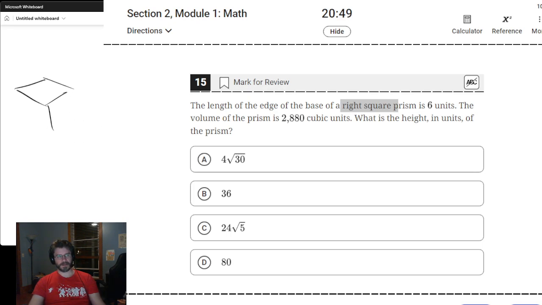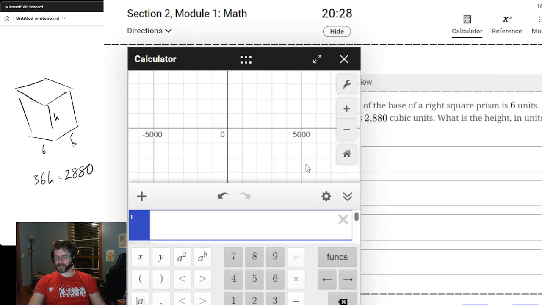Oh, let me get my drawing in view here. Not totally square, but that's okay. So these sides here are 6. This one is h. So the area of the base times the height is the volume of a rectangular or a square prism. So 36h is equal to 2880. I can't do that in my head, I'll fully admit.